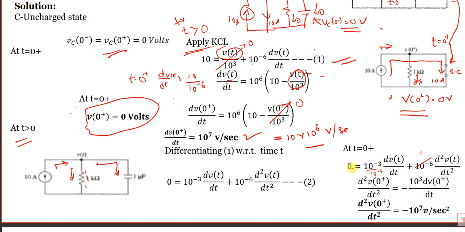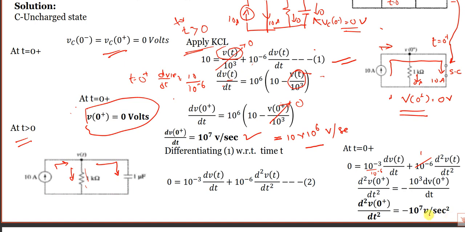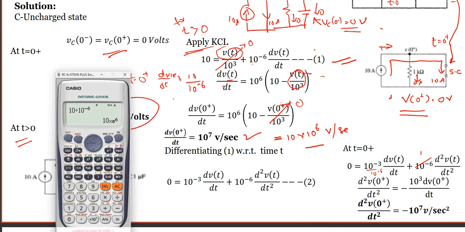And you bring this one to the left side, it becomes minus 10 power 3 into dV by dt. And the dV by dt value is 10 into 10 power 6, which is 10 power 7. Let me calculate.